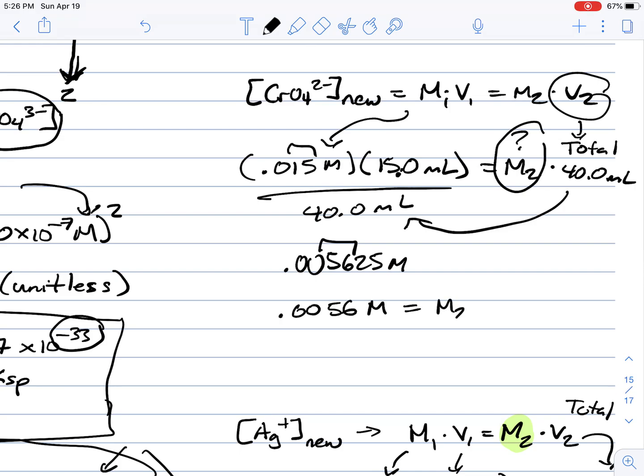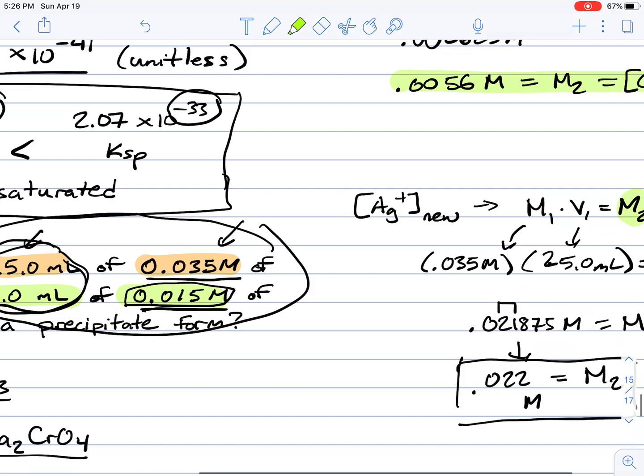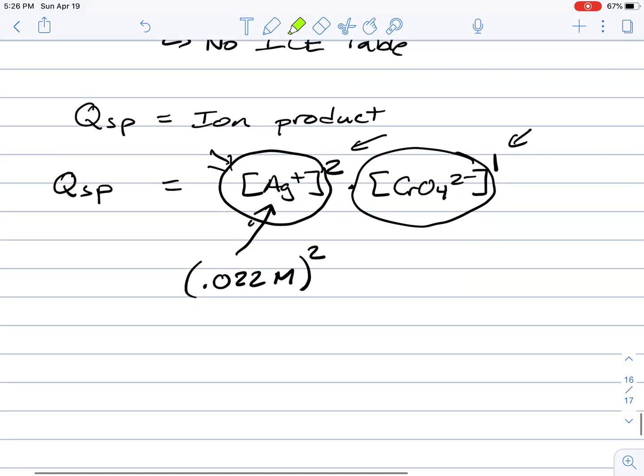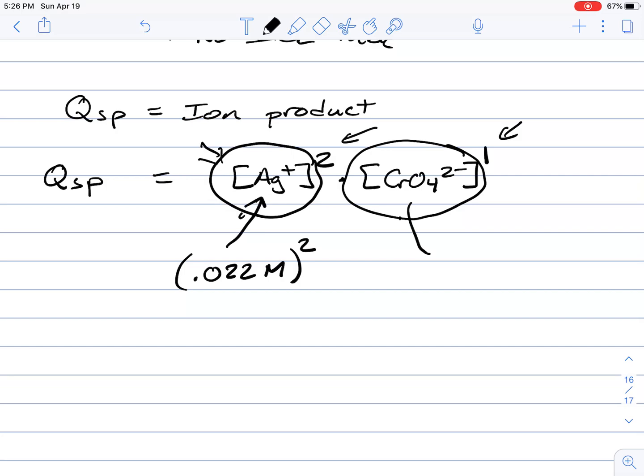And that is going to be the value of M2, which represents the new concentration of chromate. All right. And I'm going to go ahead and plug that value into here, 0.0056 to the first power.